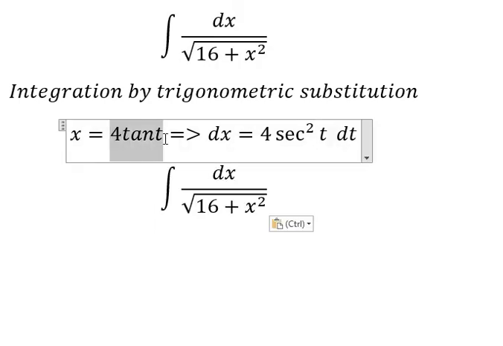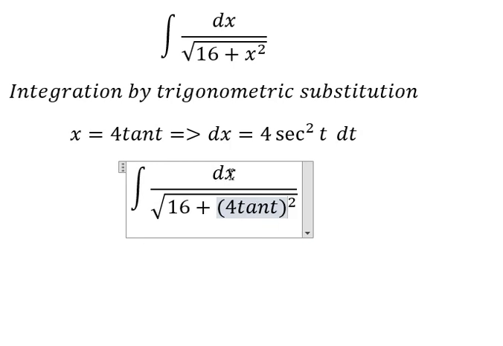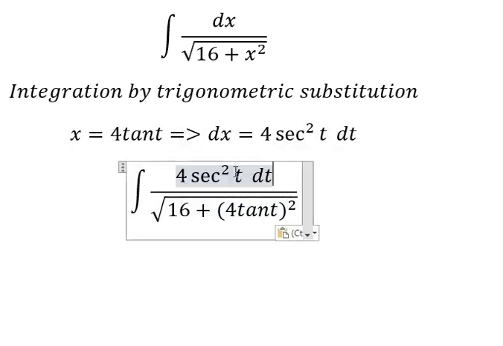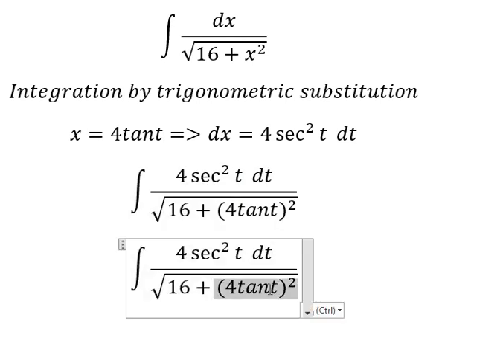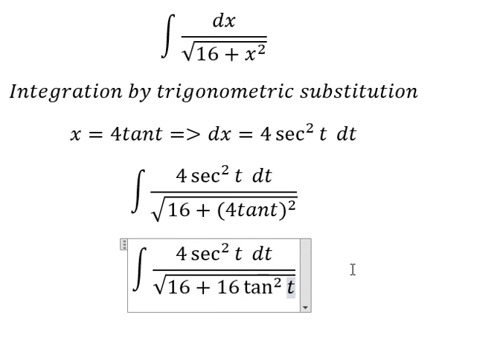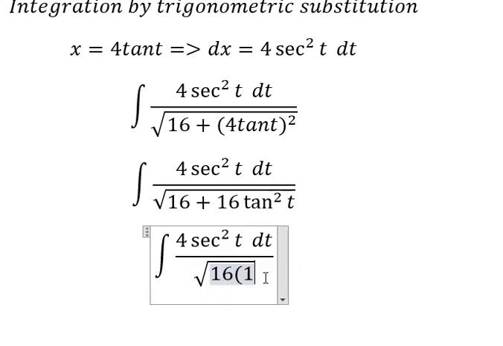So I will put this one here. ds we change for this one. So this one we have 16 tan t squared. Number 16, we can do factorization.